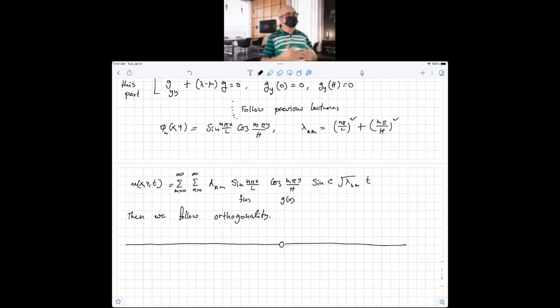That is the type of technique we want to understand. And in order to do that, we will be looking for orthogonality. So maybe I can just put a section title, Green's identity.